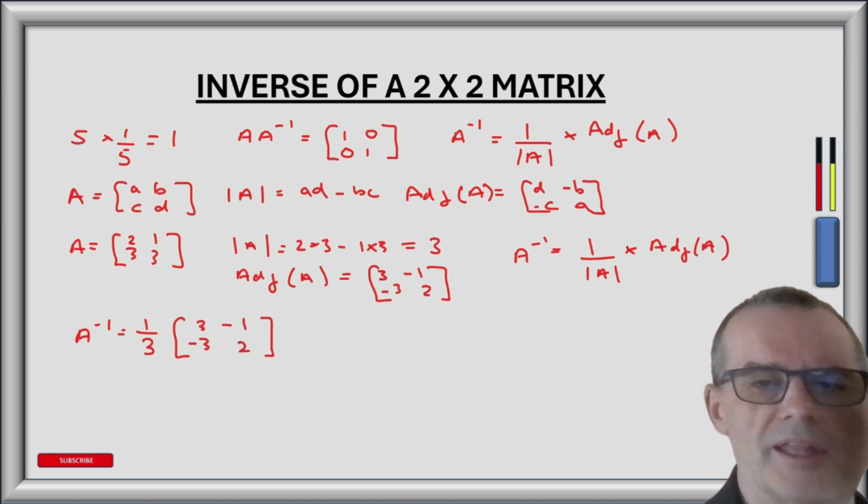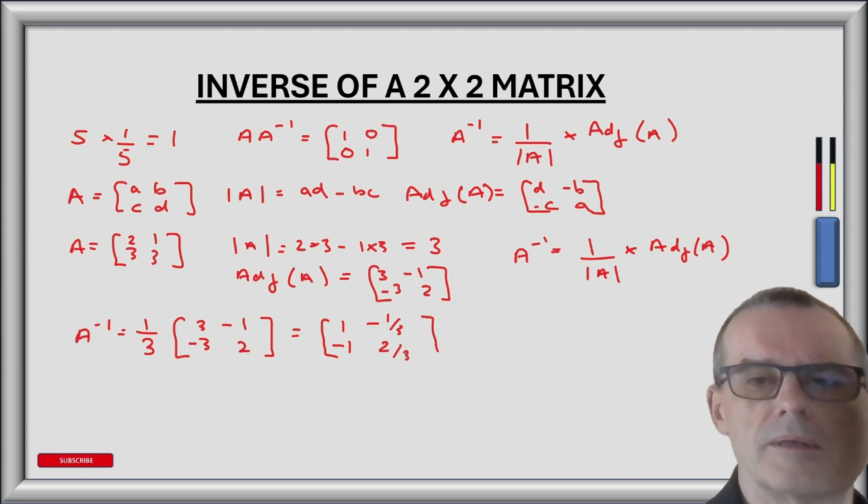So if we multiply that out, we get, so 3 times a third is 1, minus 3 times a third is minus 1, minus 1 times a third is minus 1/3, and a third times 2 is 2/3. So that is our inverse.